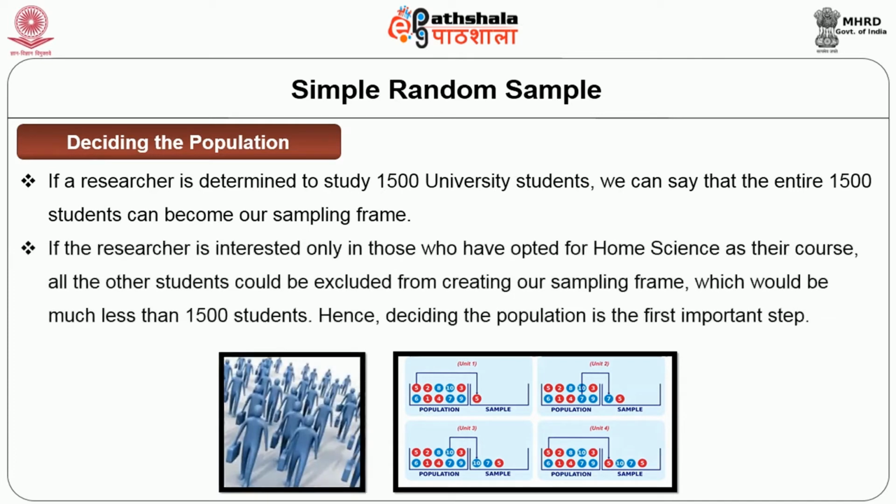If the researcher is interested only in those who have opted for home science as their course, all other students could be excluded from creating our sampling frame, which would be much less than 1500 students. Hence, deciding the population is the first important step.